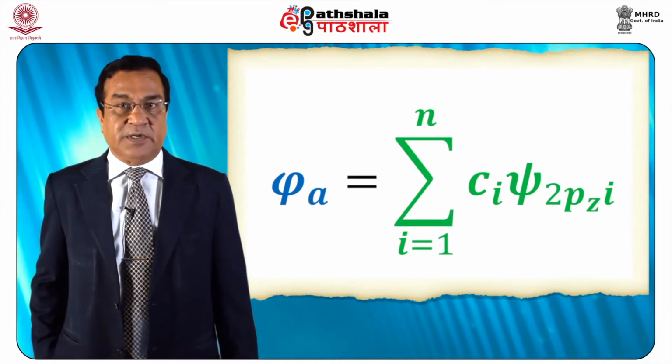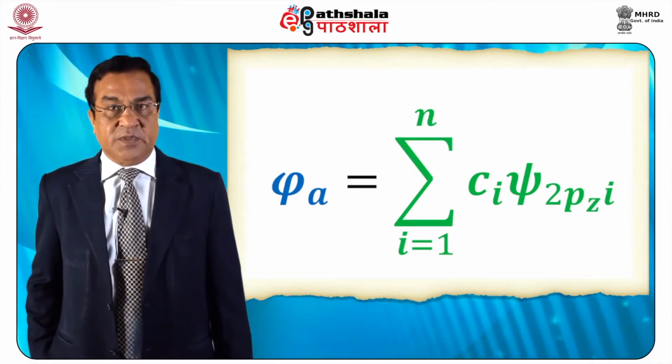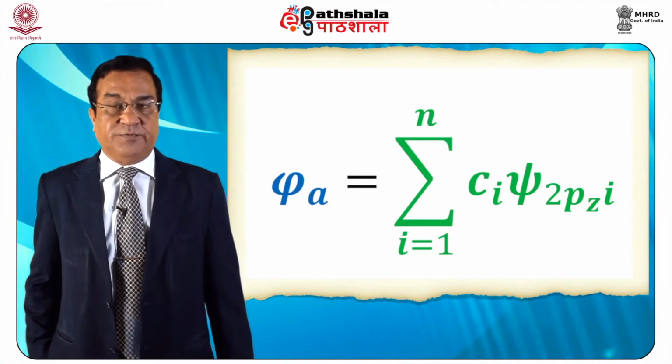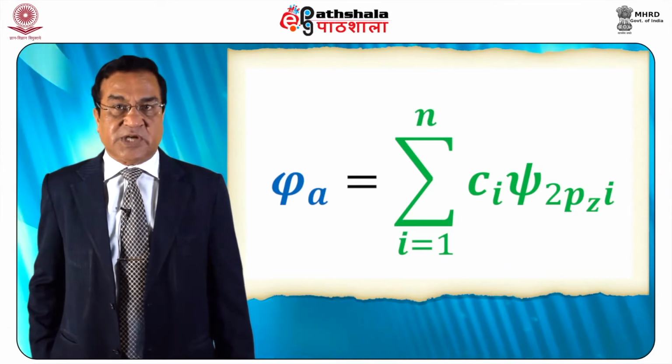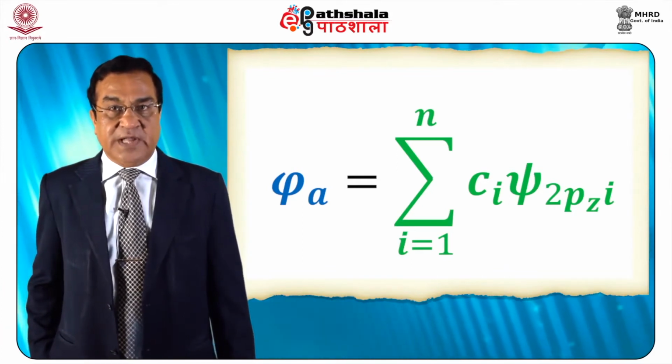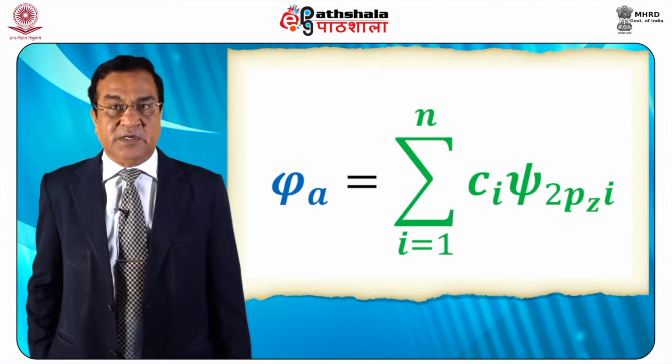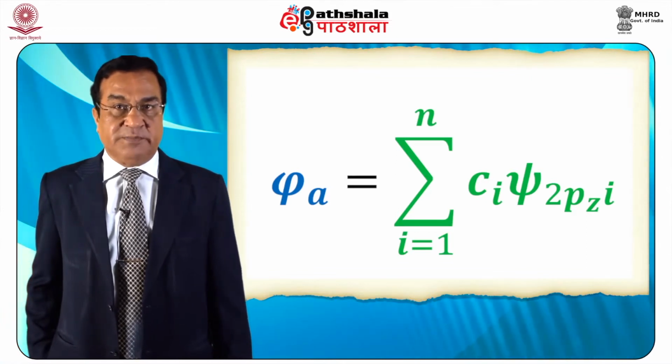N is the number of conjugated carbon atoms. So this is the trial wave function which is used in HMO, and using this trial wave function, one applies the variation method to find out the approximate energy.